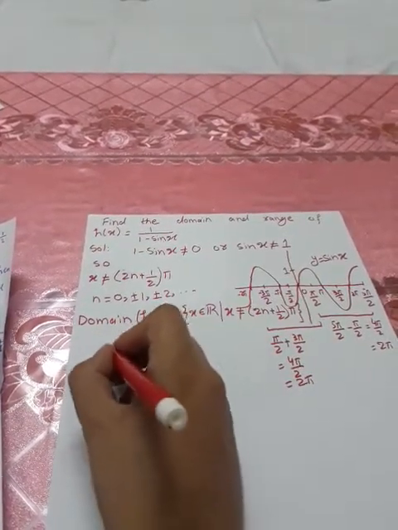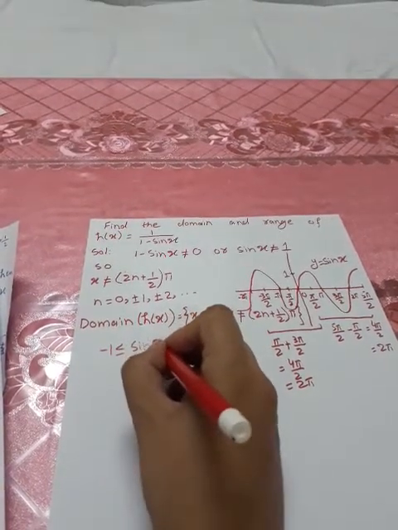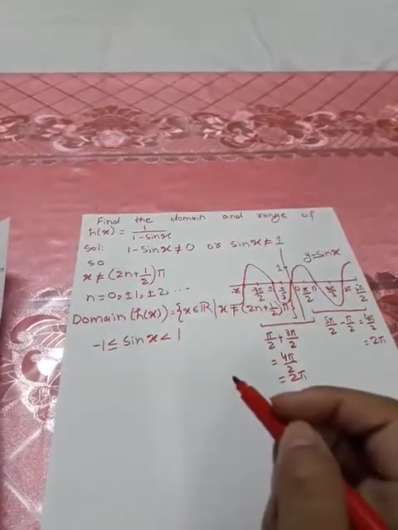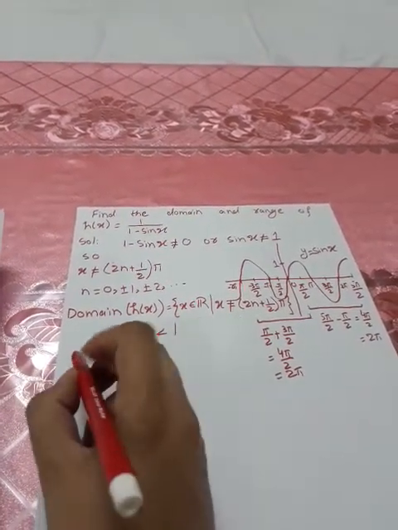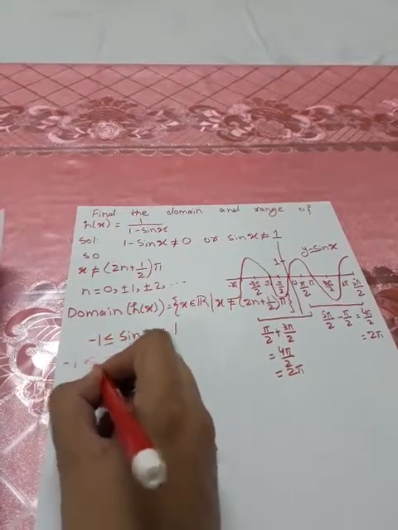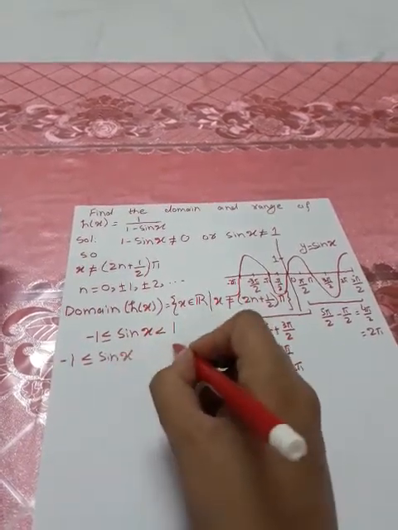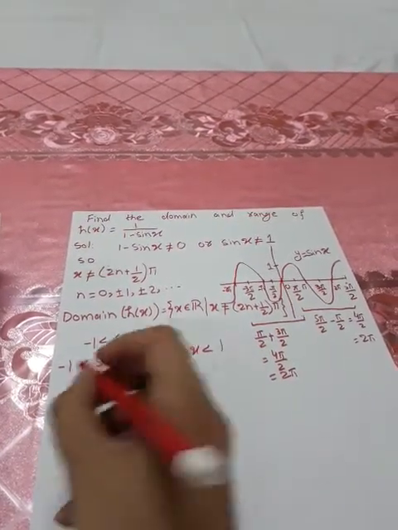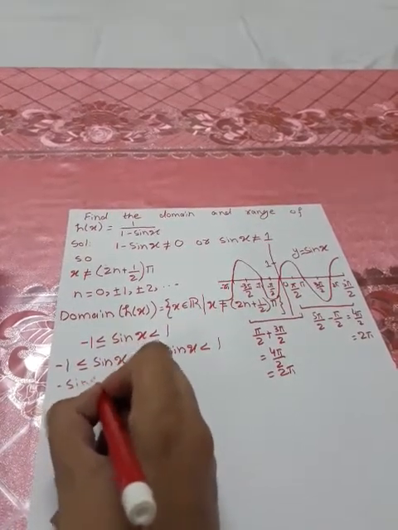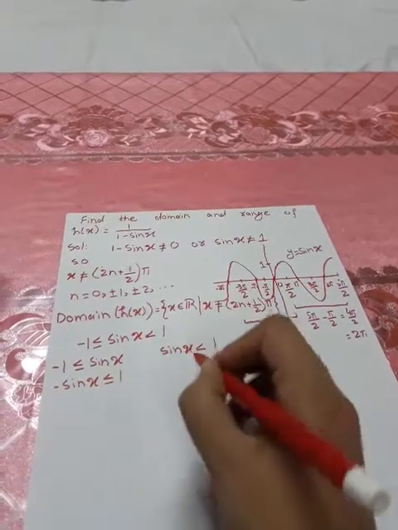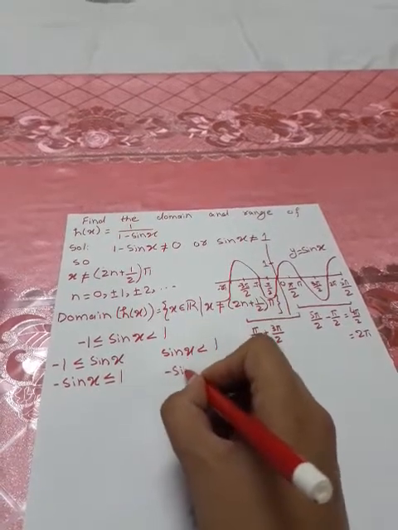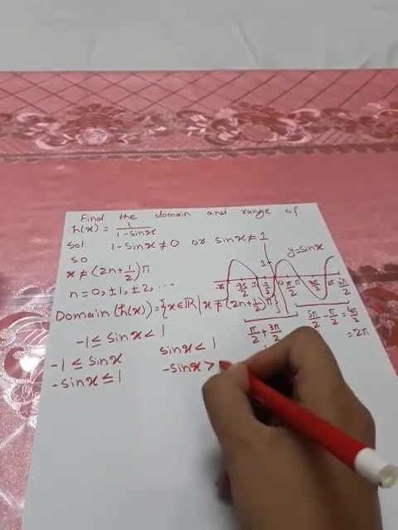In this function, sin x function lies between minus 1 to 1. Here minus 1 is included but 1 is not included because if sin x is 1, the denominator becomes 0, right? From here I can write two inequalities: minus 1 is less than or equal to sin x and sin x is less than 1. Multiply by minus 1 on both sides. I have minus sin x is less than or equal to 1, and multiplying the other inequality by minus 1, I have minus sin x is greater than minus 1.